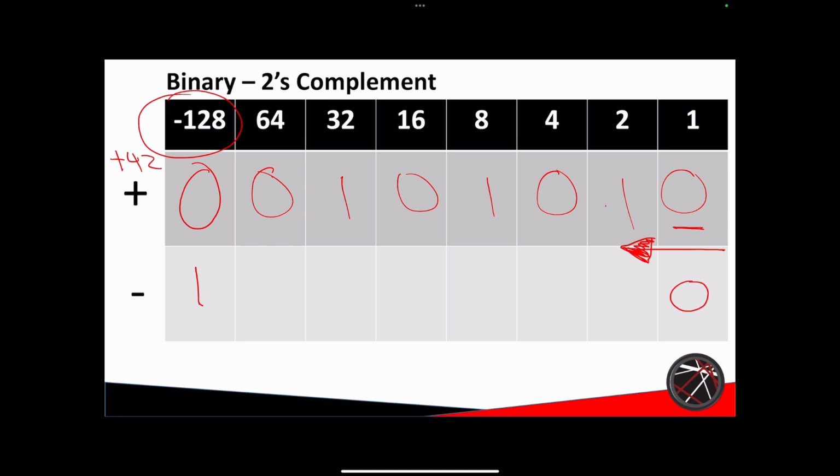We're looking for the first one. We keep that first one, and then all of the rest we flip. So wherever there's a 0, I now put a 1. Whenever there's a 1, we put a 0, and so forth. This now will add up to minus 42.